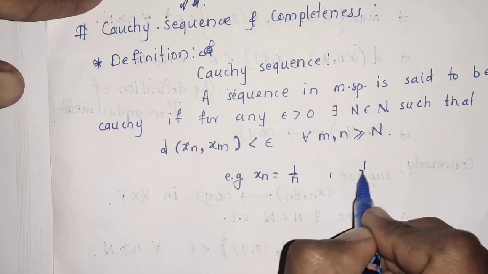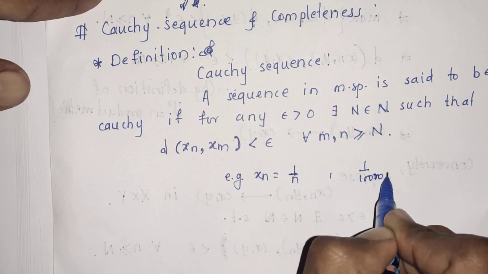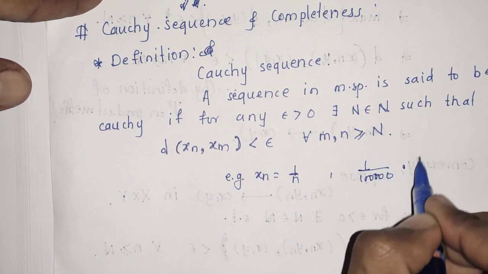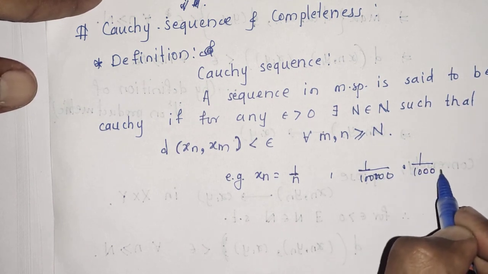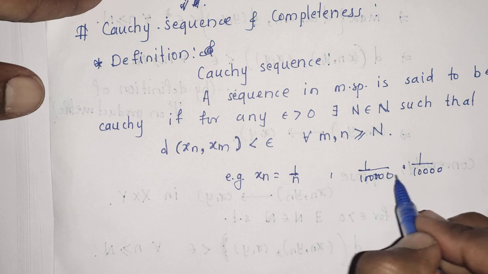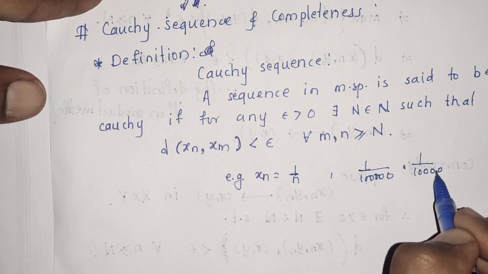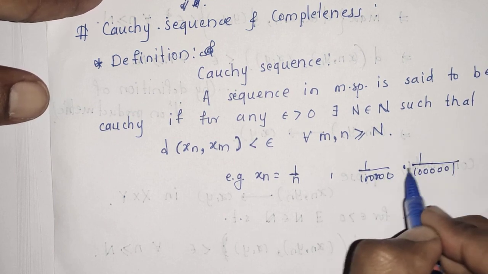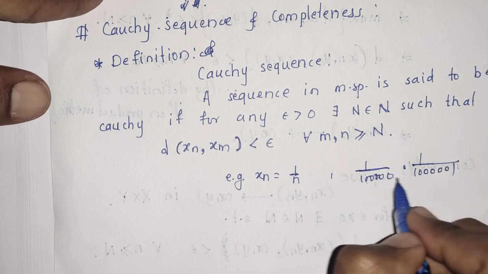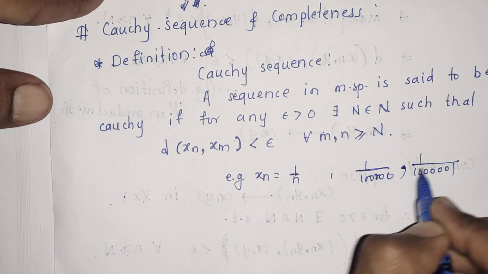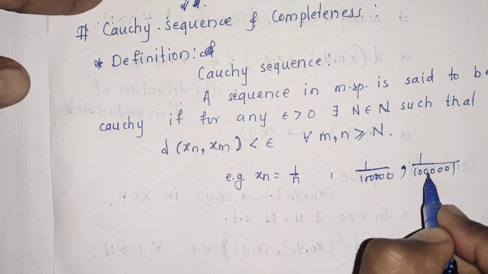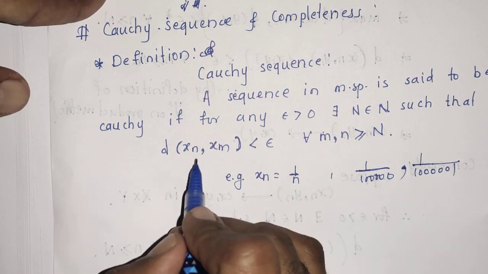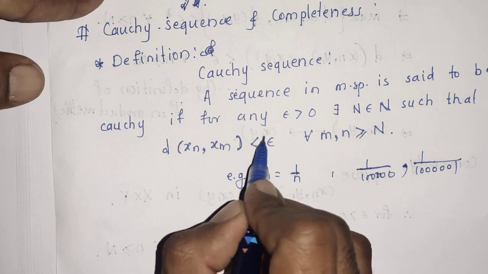Suppose we take 1 upon this number, and we take another number as 1 upon this one. There is a very small distance between these two numbers. If you take these two terms of this sequence, there is a very small difference between them, that is, less than epsilon.